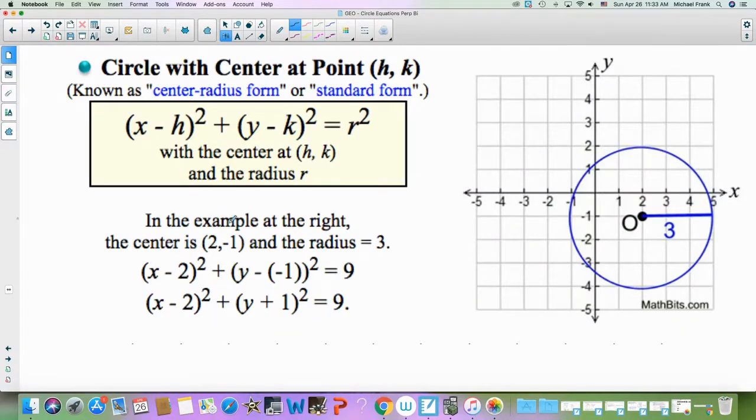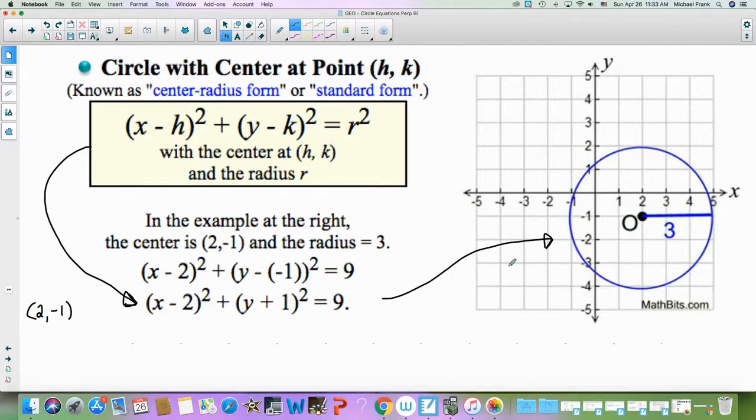So an example would be if we just jump down here to the bottom, forget about the process, just look at this right here. This is the equation for this circle right here. And you could see that the center of this circle is positive 2, negative 1, right? Positive 2, negative 1.